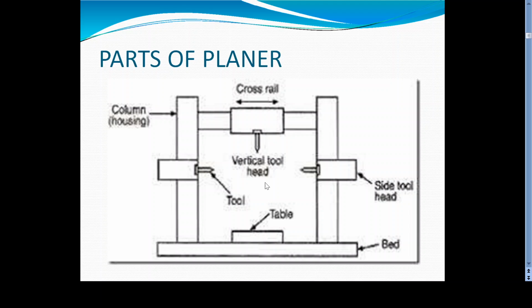This is the vertical tool feed and this is the horizontal tool feed. In some types of planer you can see the tool head on the vertical column also, that is on the housing also. And there is a table on the bed. So these are the different parts of a planer machine.